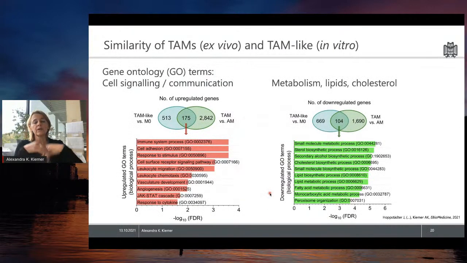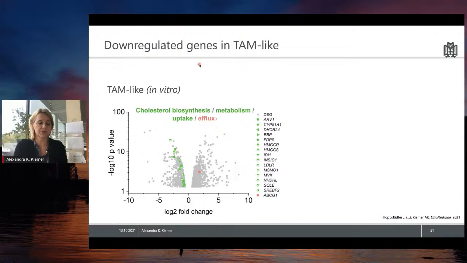And when we really did the global comparison of all the upregulated genes and the downregulated genes, we saw that there's quite a bit of overlap of genes differentially overexpressed or underexpressed in those TAM-like cells, this in vitro model of macrophages polarized in the presence of cancer cell supernatant, with the real ex vivo tumor-associated macrophages.